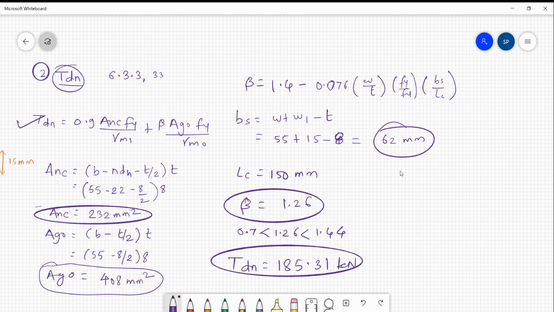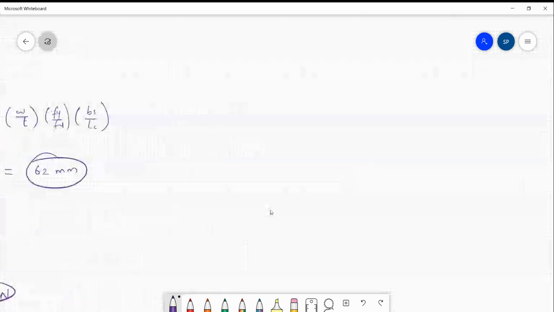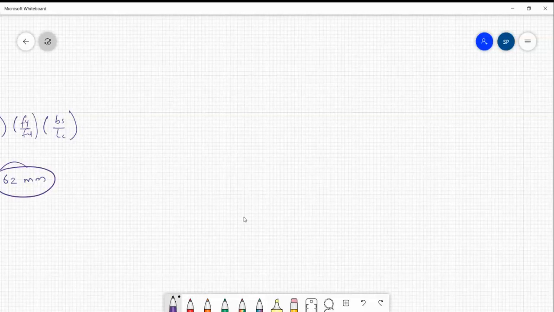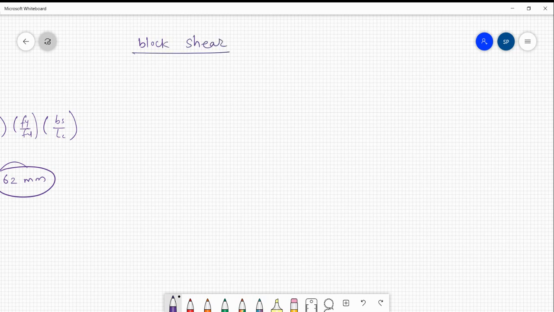Now the last check for strength is related to block shear strength of tension member. It is given by TDB1 and TDB2. So these two values you have to calculate.